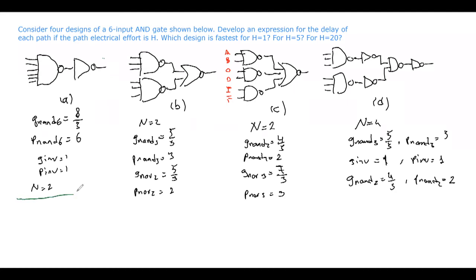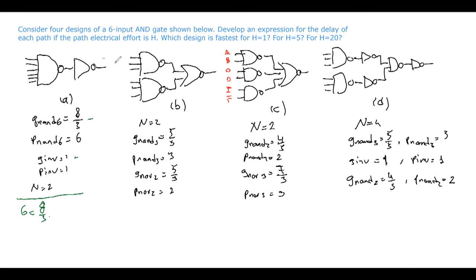So let's write down, what is my G, the path logical effort? It's going to be the multiplication of the logical efforts of the gates along my path. So I have a 6-input NAND gate and an inverter, and the multiplication of these 2 values is going to be what? 8/3.